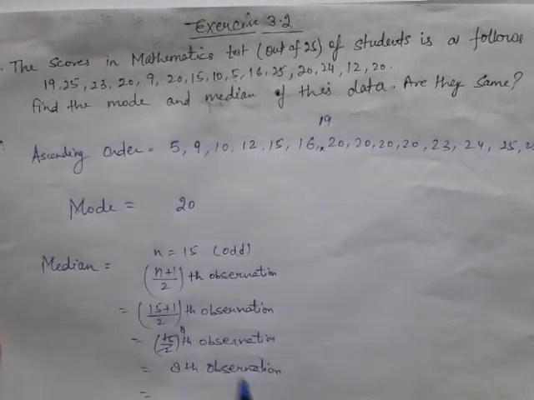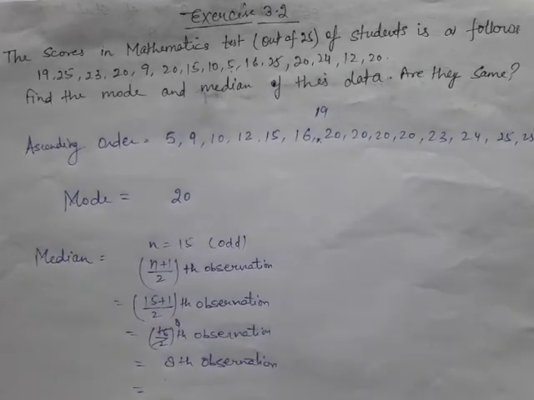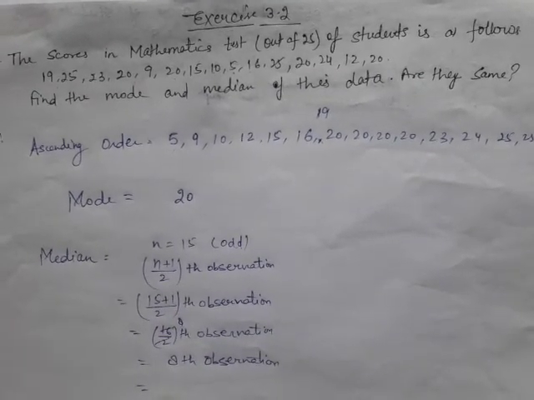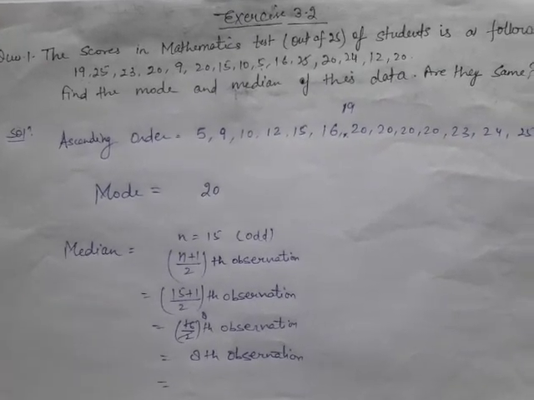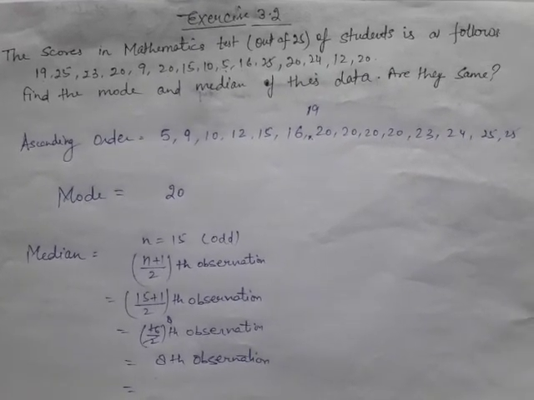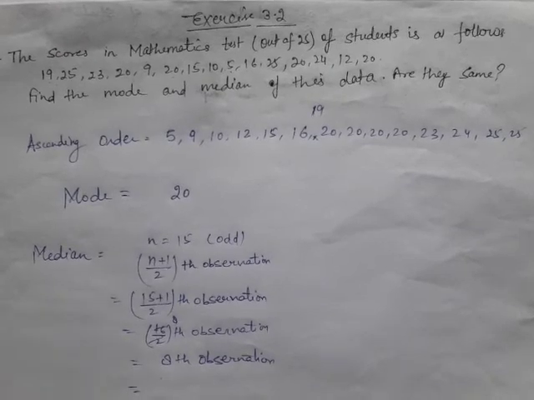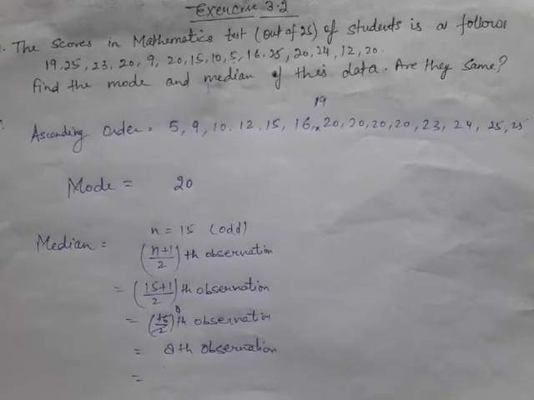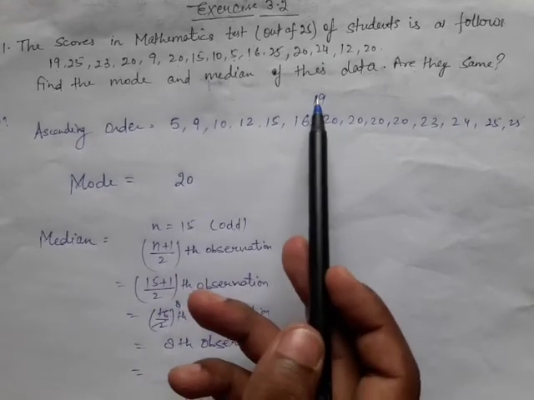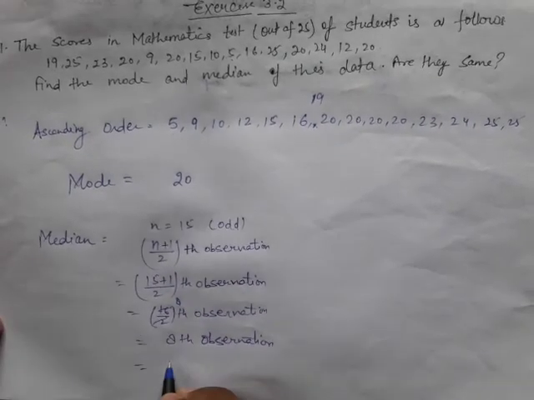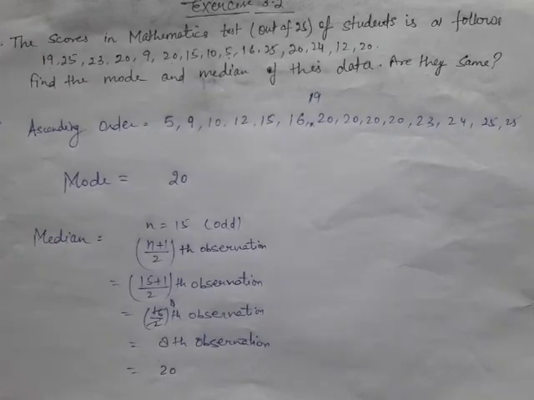So in the 8th place, which number is there, you see. Eighth place: 1 2 3 4 5 6 7 8. Median is equal to 20.